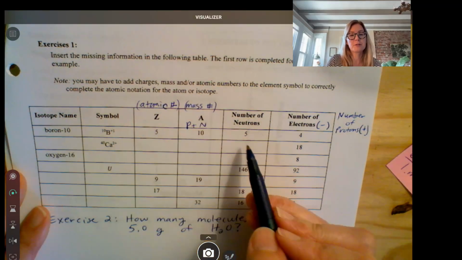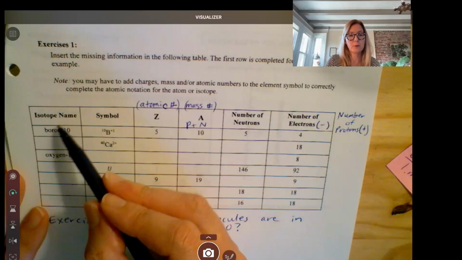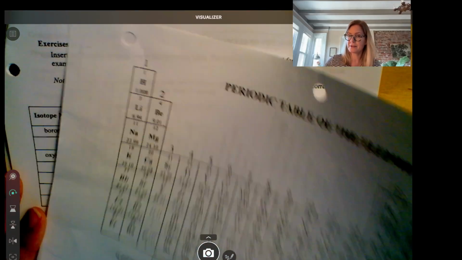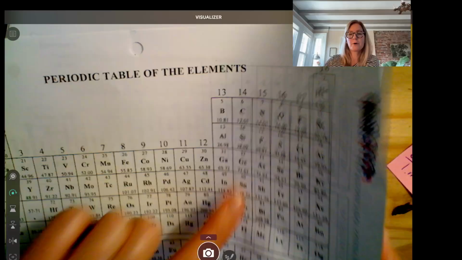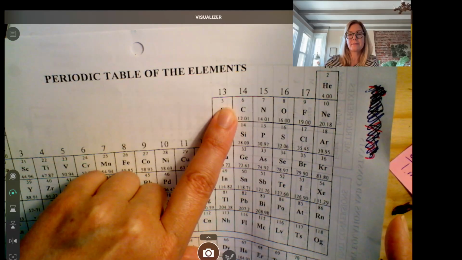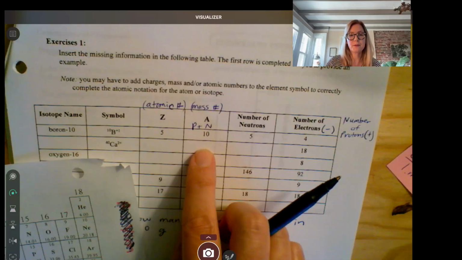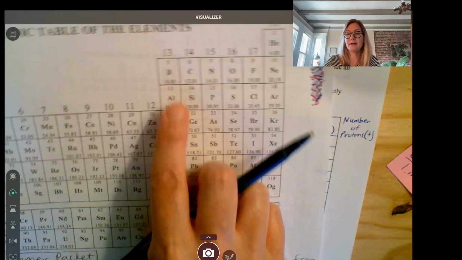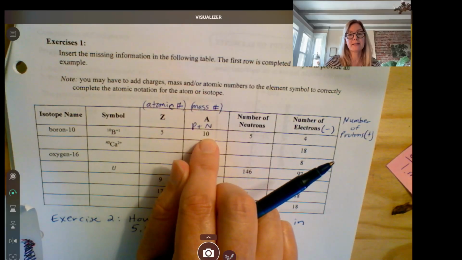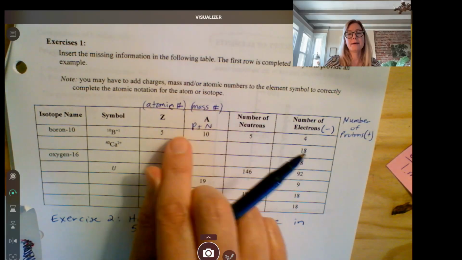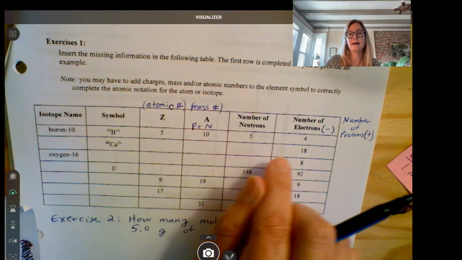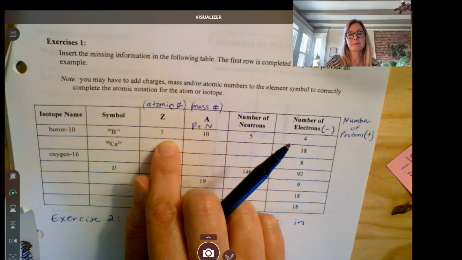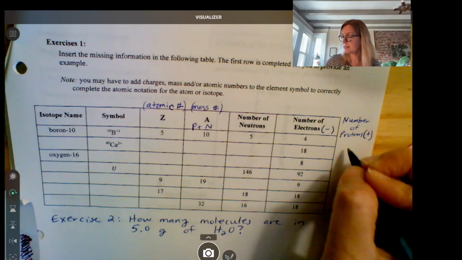So the first one's been done for you, okay? It's boron. You're going to need your periodic table for this. Boron is B, okay? You can see its atomic number is 5, okay? They told you that this is boron 10, okay? Not all borons have a mass number of 10, but this one does. So if the mass number is 10, that means that the number of protons and the atomic number are the same thing.